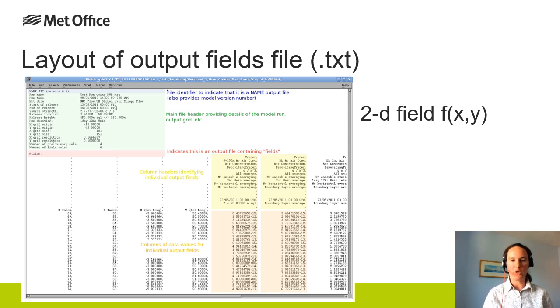Then we have some columns, and the first 4 columns are all related to the grid. So here we have an X index and a Y index. We then have the latitude and longitude corresponding to the X index and the Y index. Following that on the right, we have columns of data relating to all the quantities we're outputting.